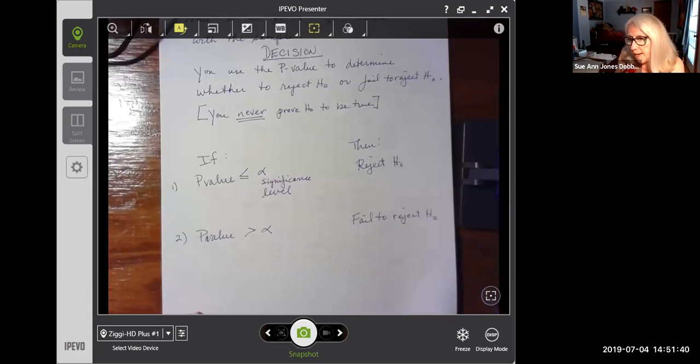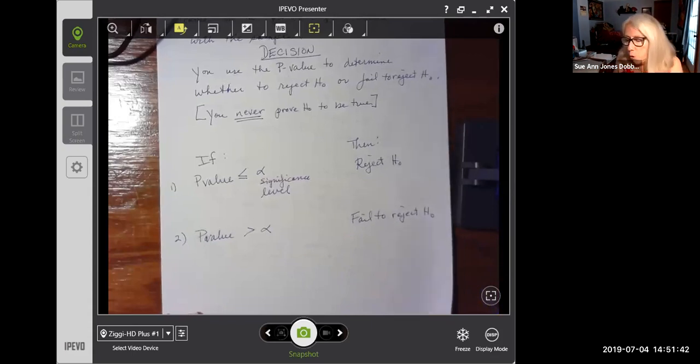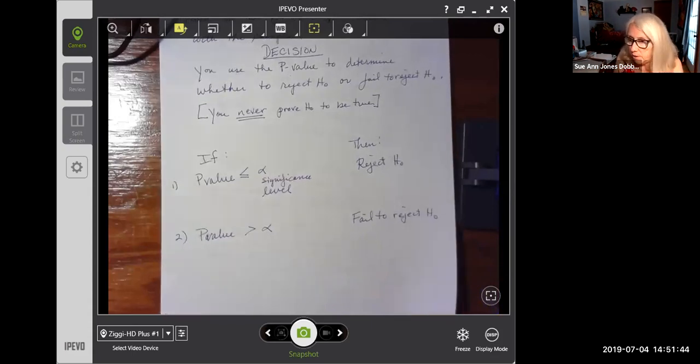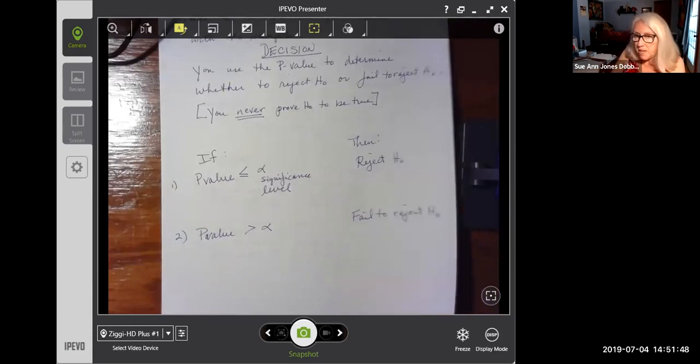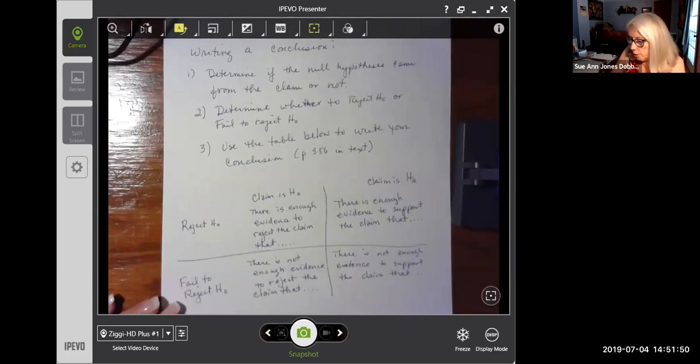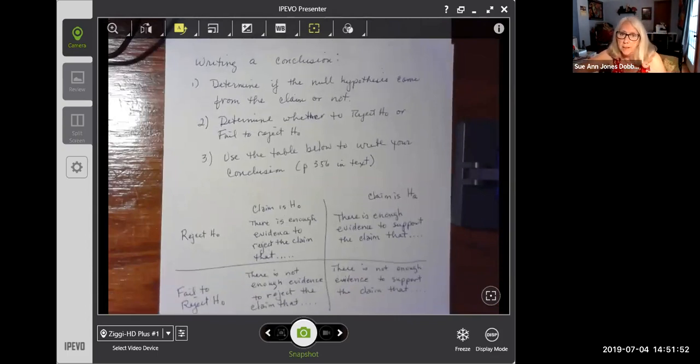So once you make your decision, and I'm going through all this quickly, but then we're going to do some problems, okay? Once you make your decision, then you have to write it out. You have to return it to English words. And so here's what you do. You determine if the null hypothesis came from the claim or didn't.